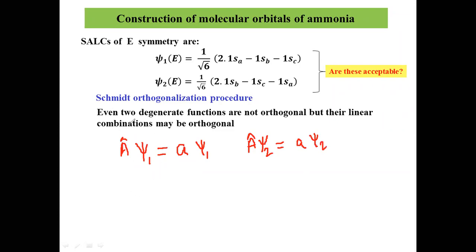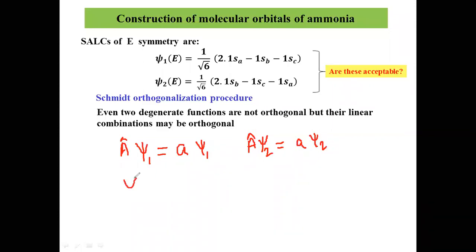So what this theorem says is that psi1 and psi2 are two degenerate functions. They are not orthogonal, but we can take their linear combinations, which may be orthogonal. So if psi1 and psi2 are not orthogonal, that means if we multiply them and do the integration, that doesn't give 0. But let's say I take two functions.